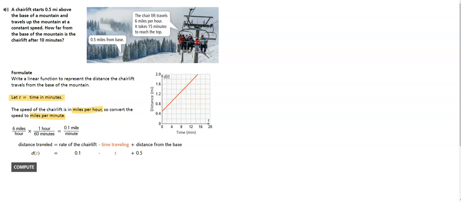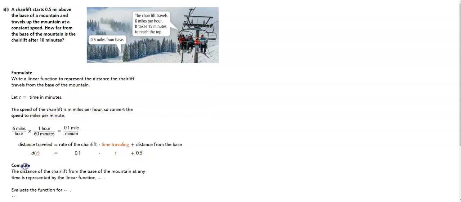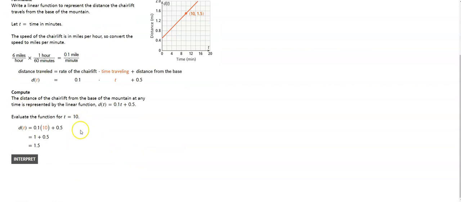That tells me that our speed is 1/10 of a mile for every minute. They then write out this formula, which is our function: D of t, distance as a function of time, is 1/10 times t plus the half of a mile that they started at. We are now going to compute this and solve it for t, which we get 1.5.